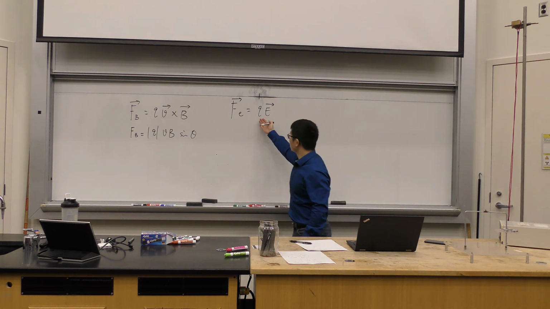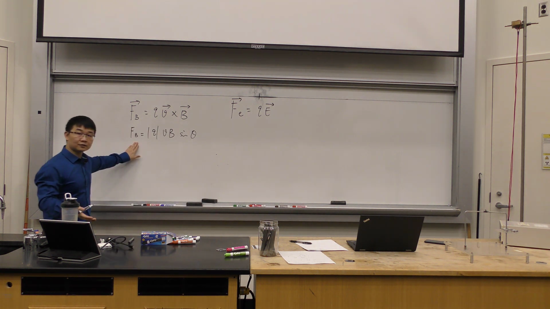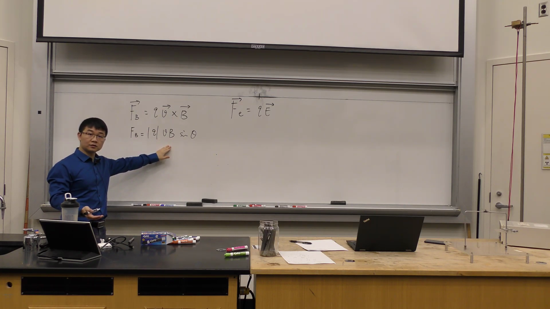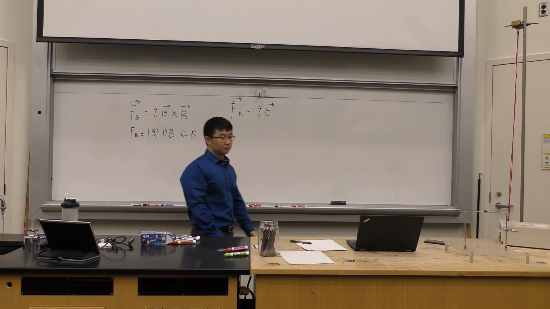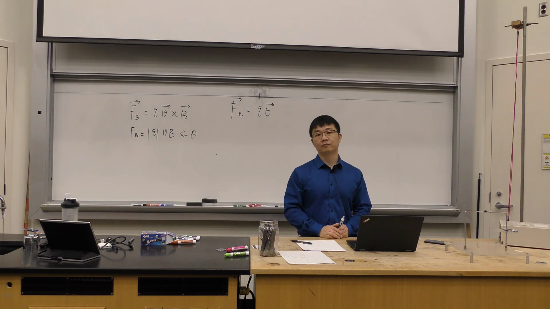It only depends on the charge and the electric field. But for the force from a magnetic field on a moving electric charge, there are so many variables here, it depends on a lot of things. So in general, the motion of an electric charge in the magnetic field is very complicated.